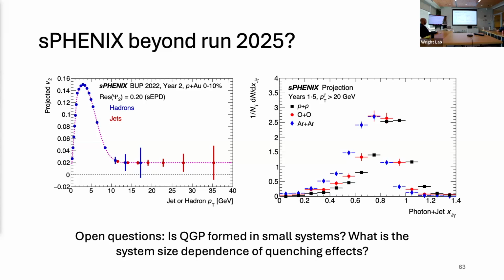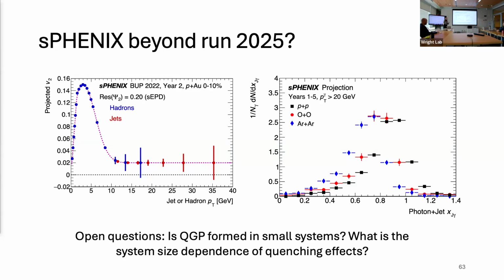So that brings me to the question of, if sPHENIX doesn't end in 2025, or run 2025, what would we want to do next? I think the first answer is that we would probably like to have more pp data now that the full detector is working. But there's also a lot of interest in small systems in sPHENIX. There's a lot of open questions about, is the QGP formed in small systems? There seems to be evidence from the bulk side that we see flow in these small systems. But if you look at jet measurements, you don't really see jet suppression.